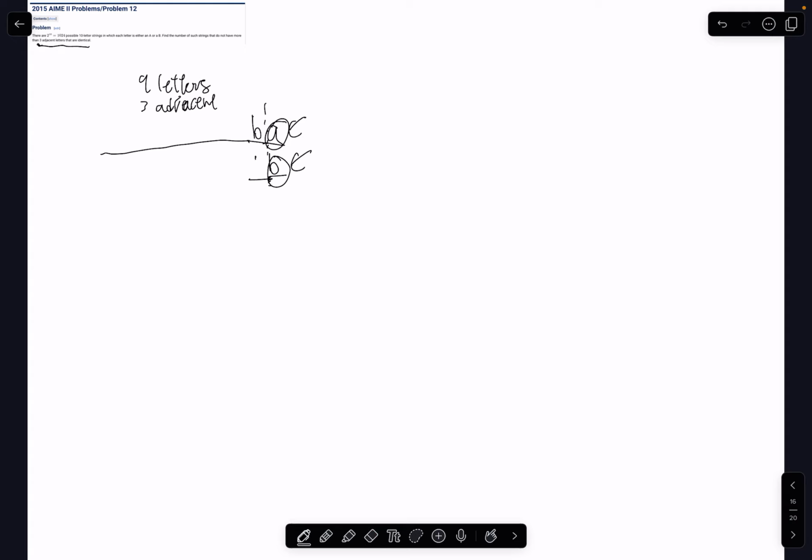Now, this would change if we put a B here, and we're told you can't put more than 3 identical letters. So that means you can't put 4 B's in a row, but since they're of the opposite kind, this doesn't matter. So they're completely independent of the last letter.